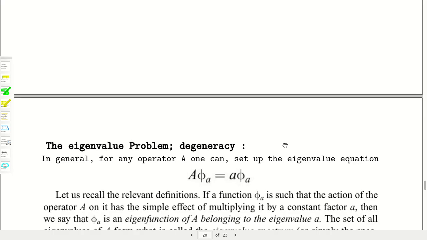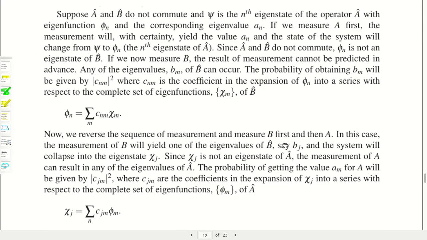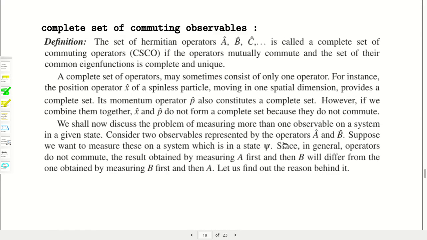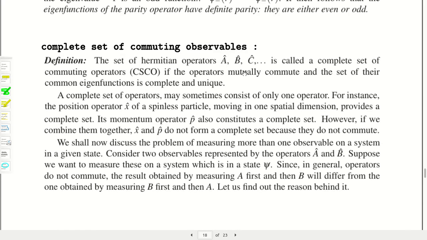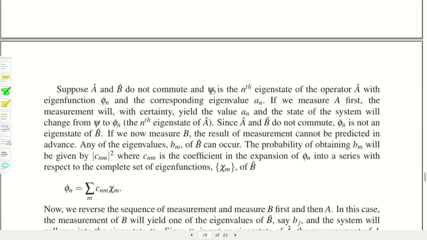I can summarize this topic: we should get a complete set of commuting observables for the simultaneous measurement of different observables at a time. So we should know which operators are commuting, so we can measure them with great accuracy.